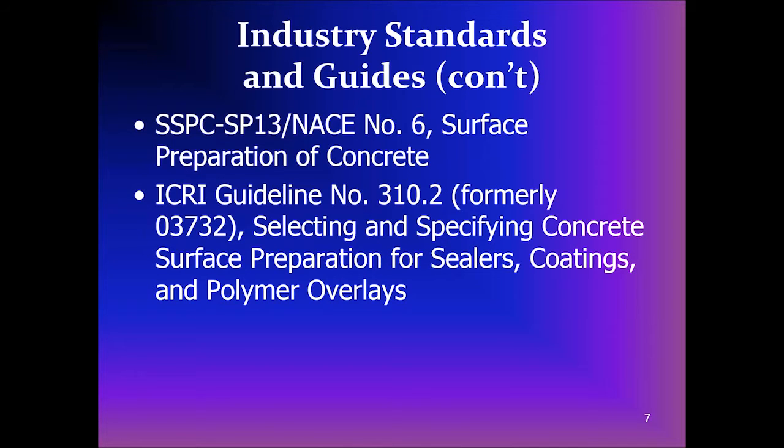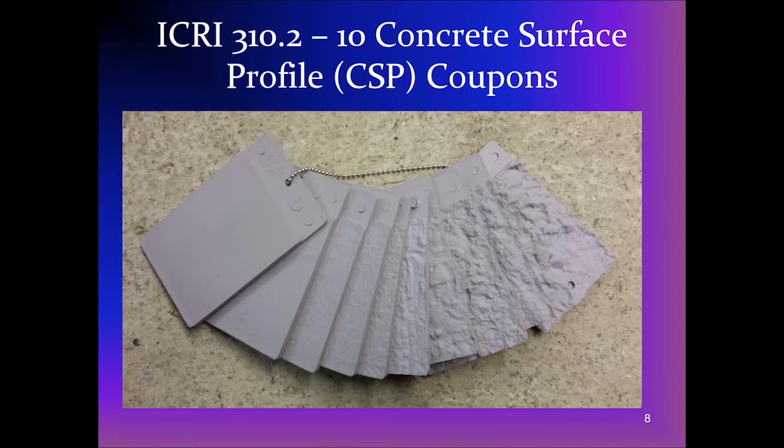The ICRI document also has a series of surface profile coupons that are available. You see they go from very smooth on the left to much rougher on the right, depending on the method of removal. It's a good way of judging whether or not the roughness being required by the methods has been achieved.